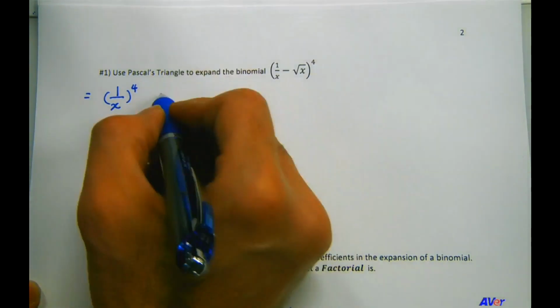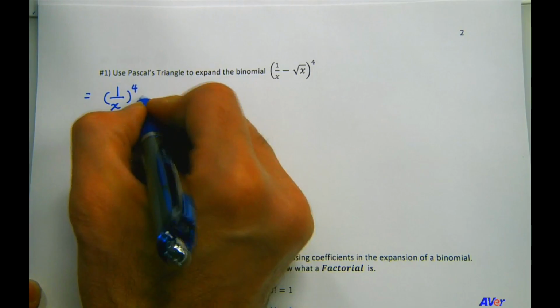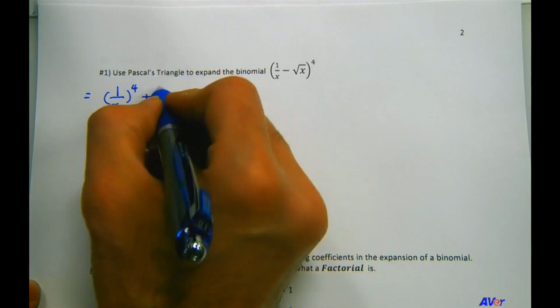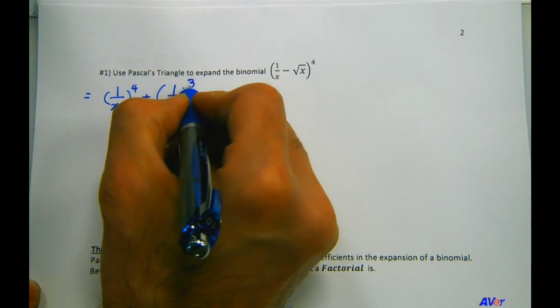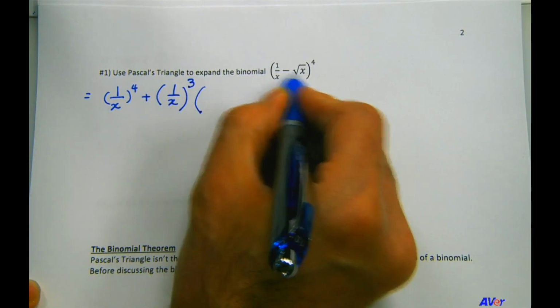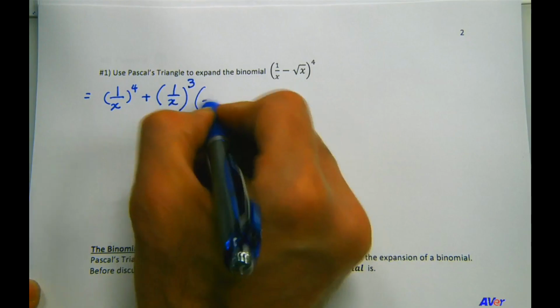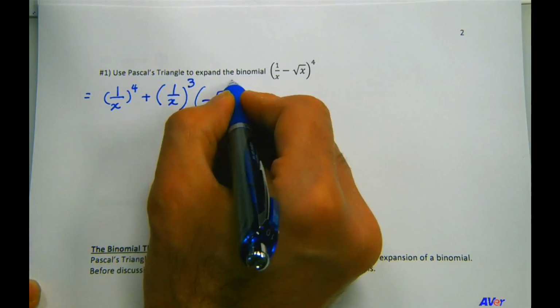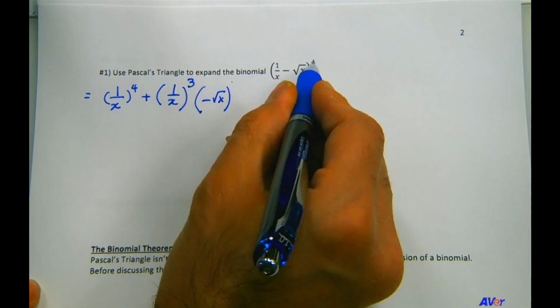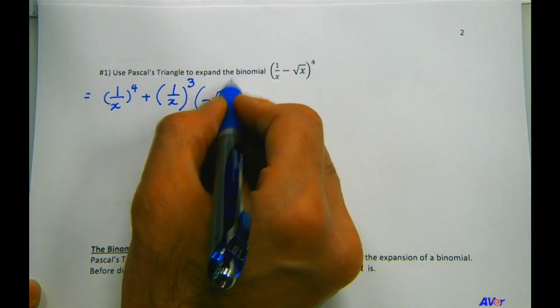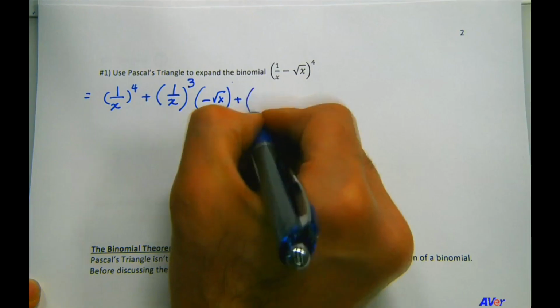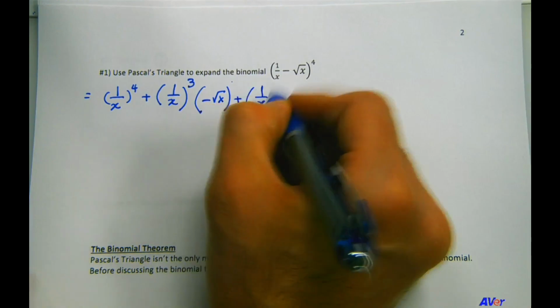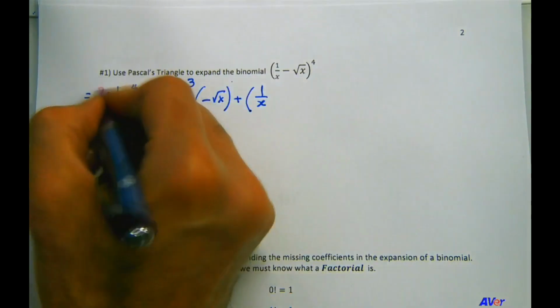Okay, so let's find each one. The next one will be plus 1 over x, reduce this power by 1, multiplied by minus square root of x to a power that when you add, you should get that 4. So we leave it alone, right? This is already 1. Plus 1 over x, of course, the question marks, right?